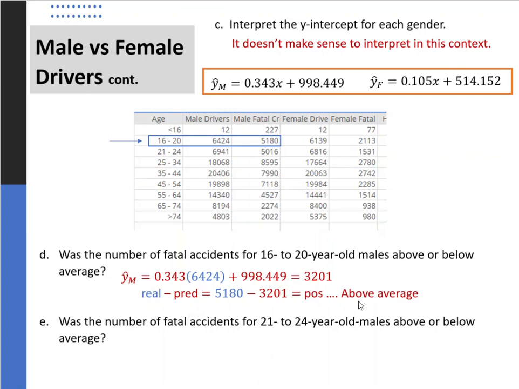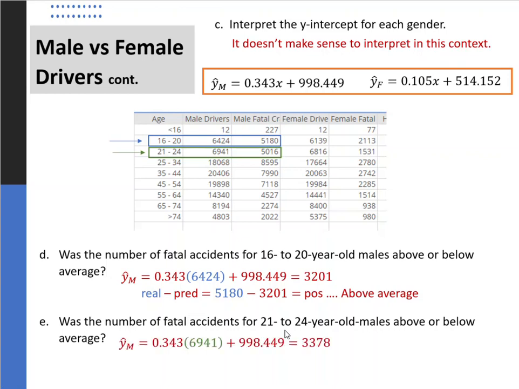Let's do that again, only this time we're going to look specifically at the 21 to 24-year-old males. So this time I'm going to look at the next row. There were 6,941 male drivers and 5,016 fatalities. We first want to predict the number of fatalities given the number of male drivers.